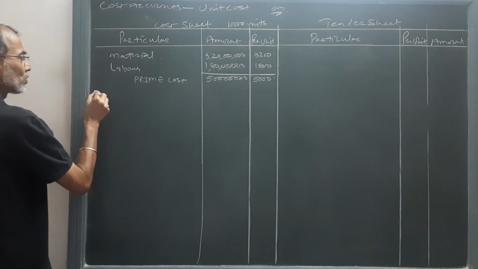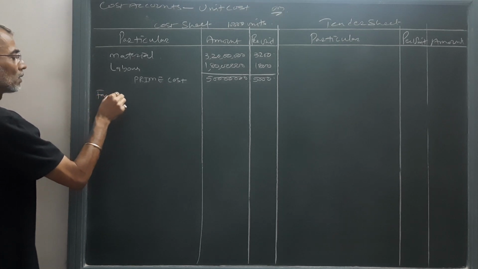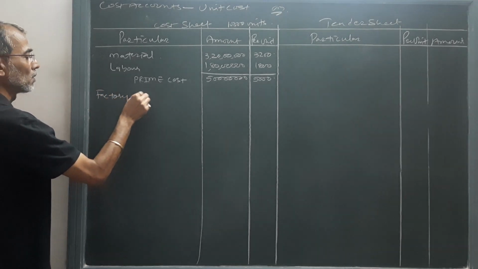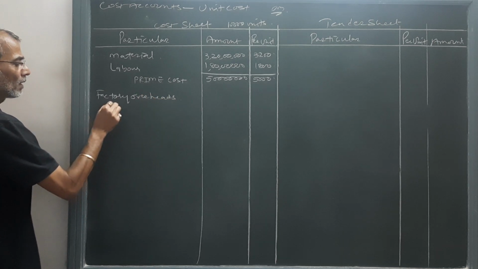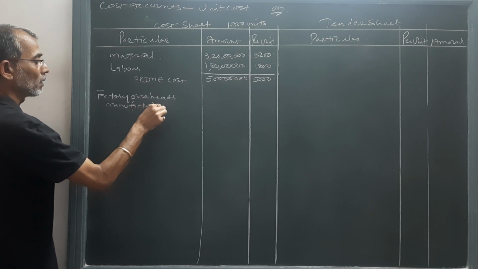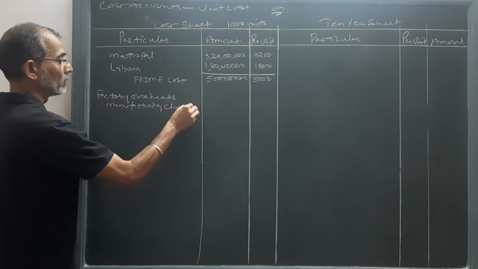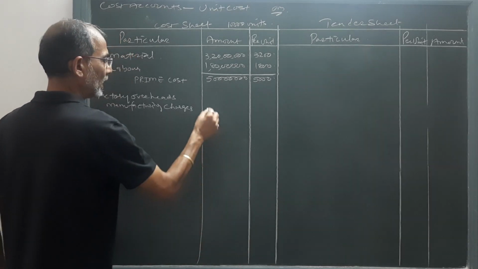Then after comes factory overheads, or you can say manufacturing charges. Those are 1 crore 20 lakh.